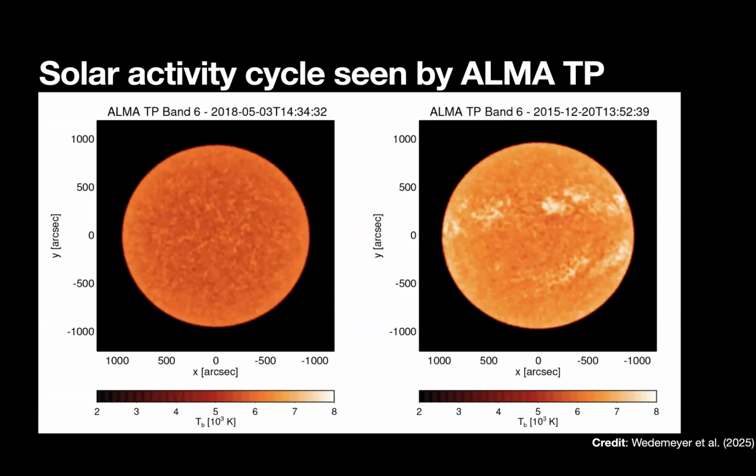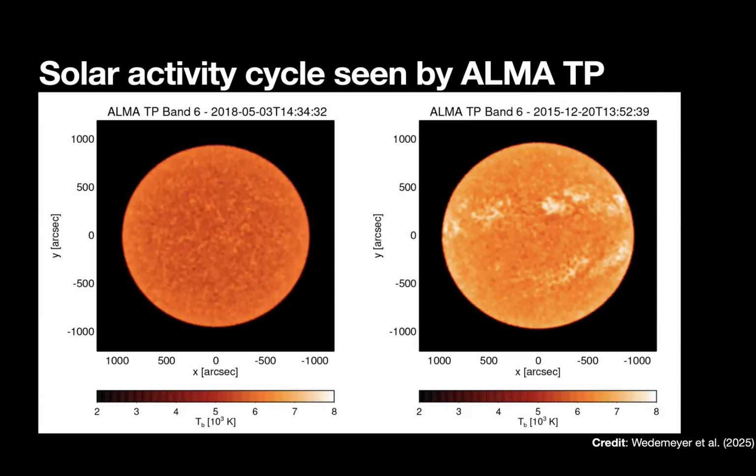And the solar activity cycle is also seen in ALMA total power data. Here you can see two full disk maps, both in the ALMA band 6. The one on the left being closer to solar minimum, and the one on the right closer to solar maximum.